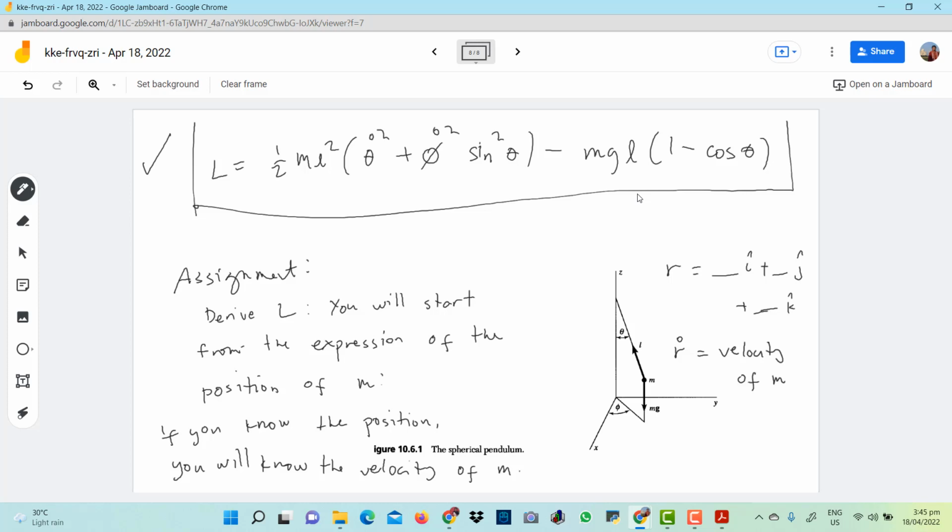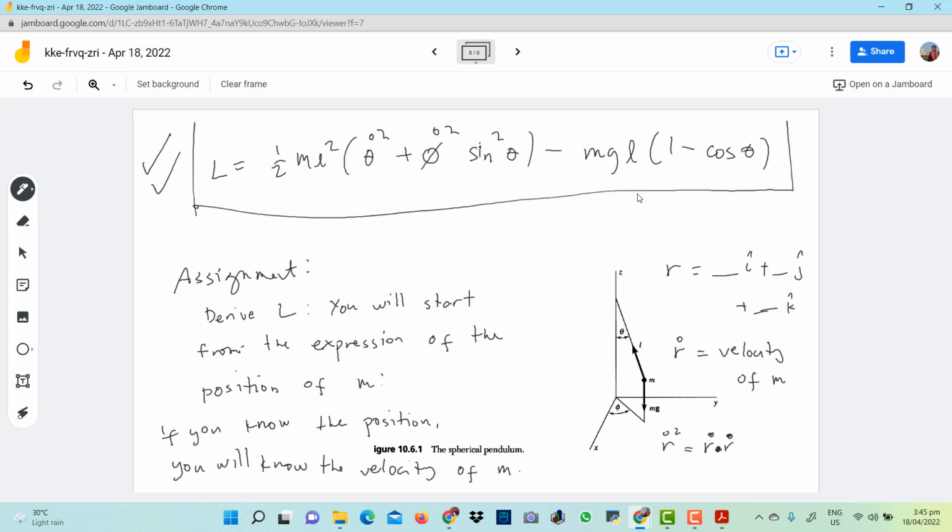Take note that kinetic energy is 1/2 of the speed squared. R dot squared is just equal to r dot r. So if you take the dot product, you will get the velocity squared, and then you put that into your kinetic energy, and from that you derive L equal to that.